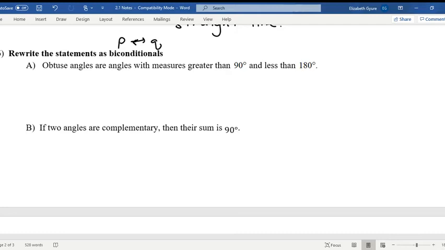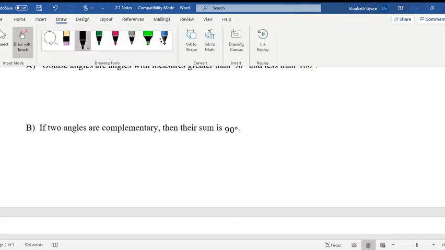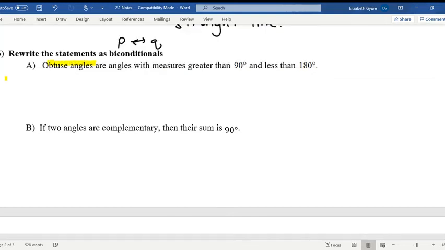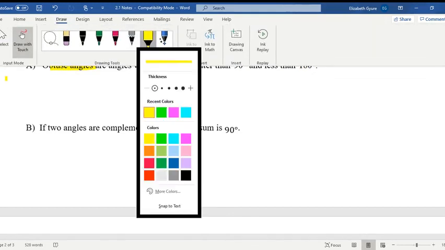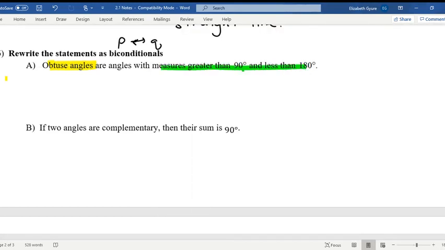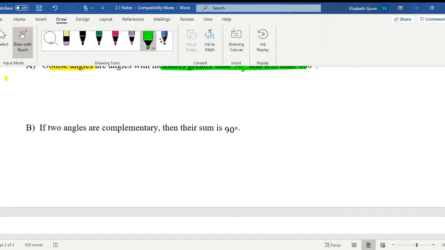So this says obtuse angles are angles with measures greater than 90 degrees and less than 180 degrees. So we have two bits of important information here. We have obtuse angles, right? So that kind of tells us what we're dealing with. So this is saying you have some obtuse angles, and those obtuse angles are going to have measures greater than 90 and less than 180. So what you're going to do is take those two parts and then put the phrase if and only if between. Make sure your sentence is logical.